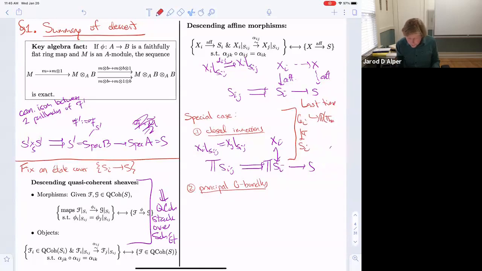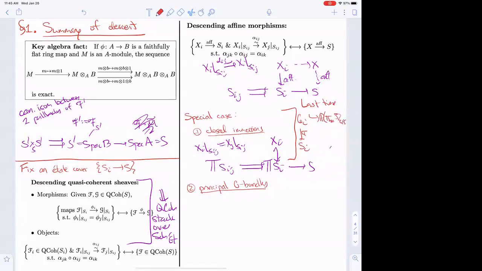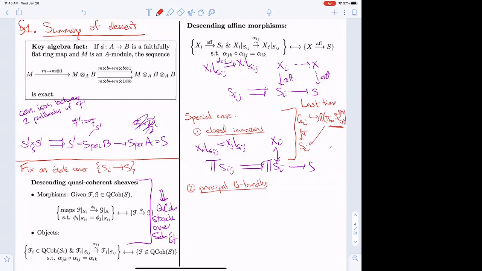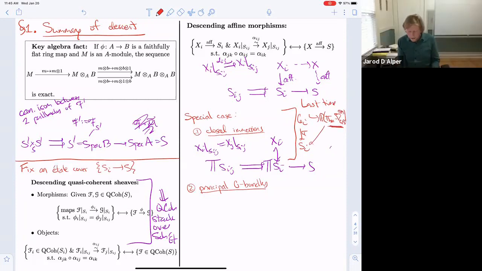of the third power. And then the idea was you look at this O_S-module, you first descend that, so you can find a quasi-coherent sheaf or even vector bundle over S, so that you take the relative projective space.